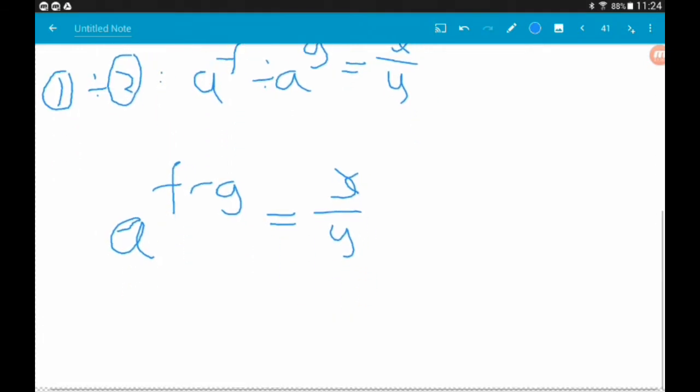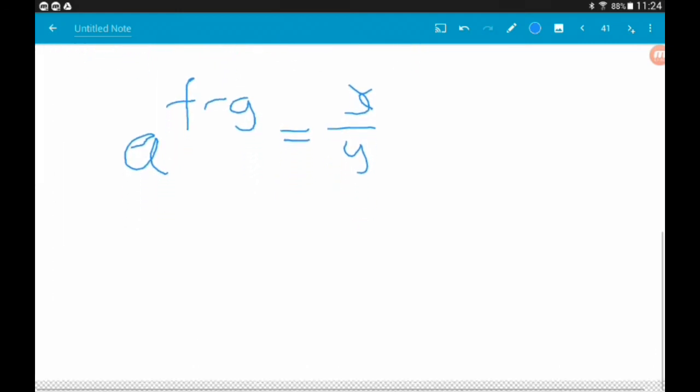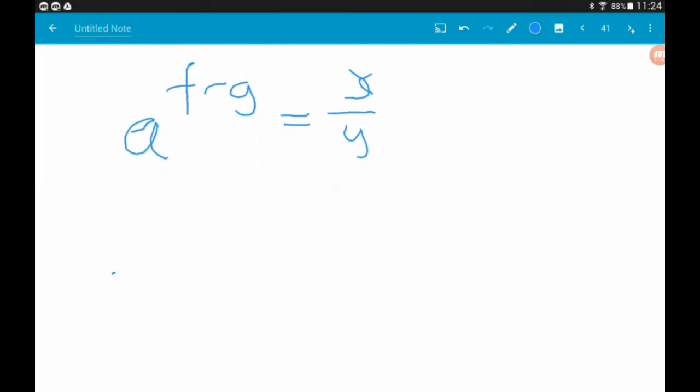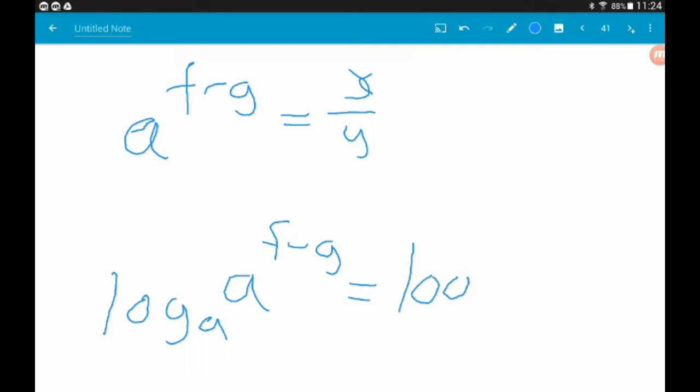Now we take the log base a of both sides, so log base a of a to the f minus g is equal to log base a of x over y.